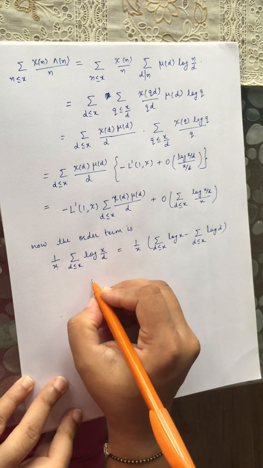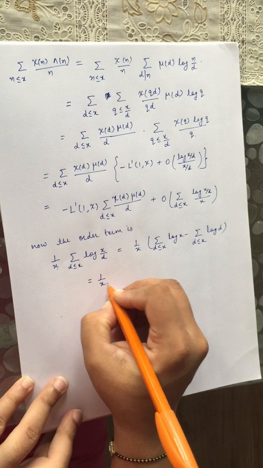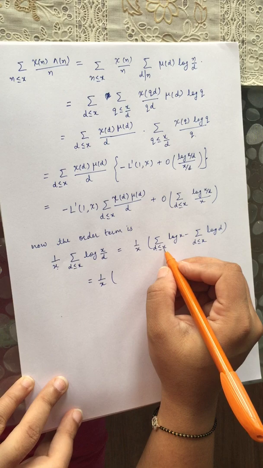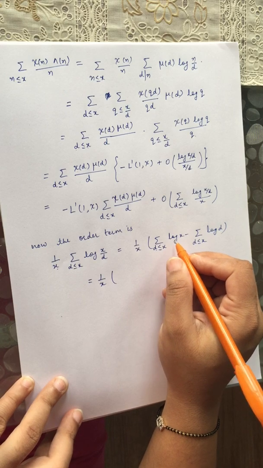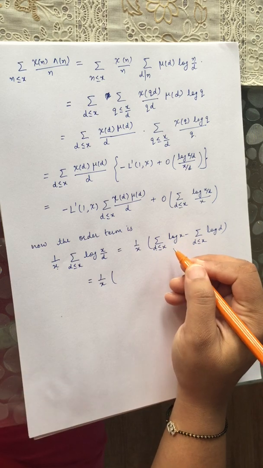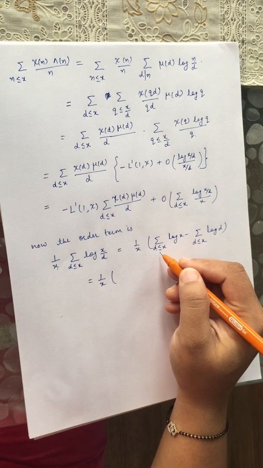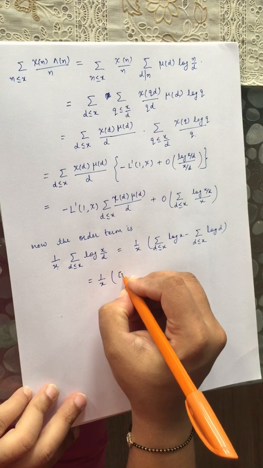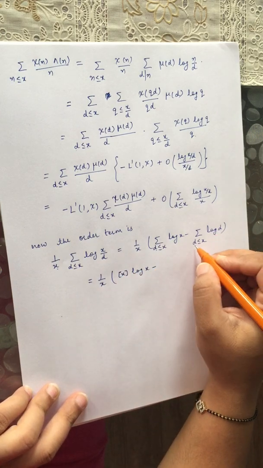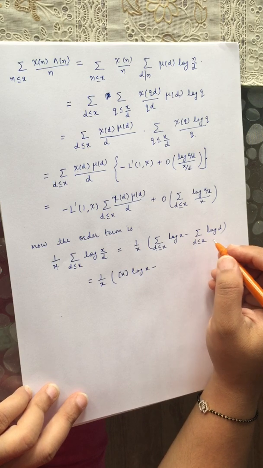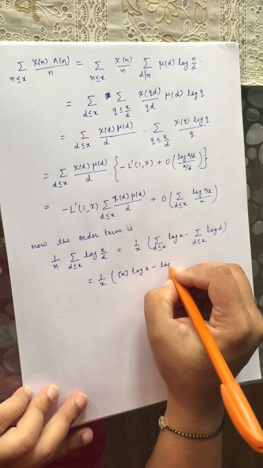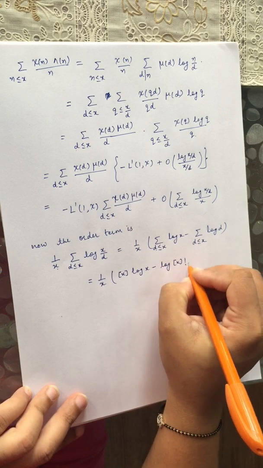The summation of log x over d less than or equal to x is the sum of log x, integer part of x times. So it is [x] log x minus summation of log d over d less than or equal to x, which is log 1 plus log 2 up to log [x]. So this is just log of [x] factorial.